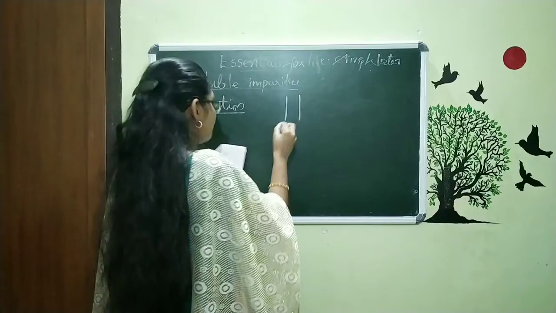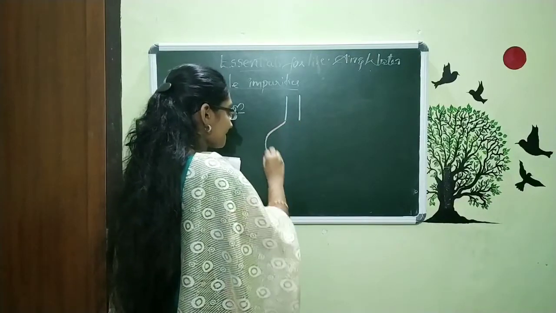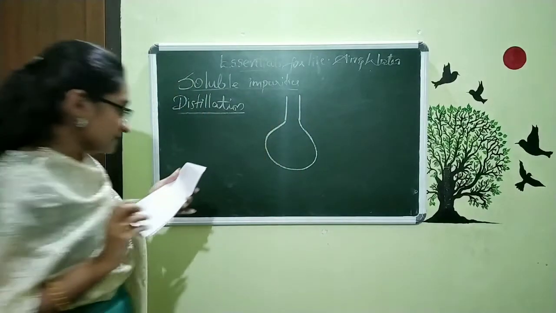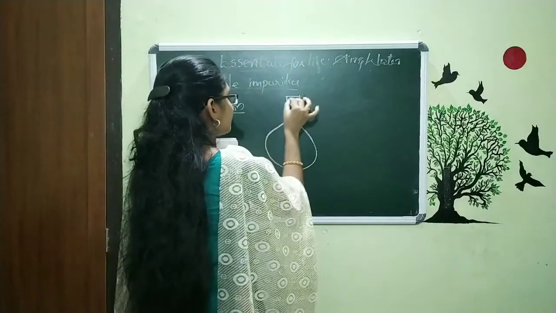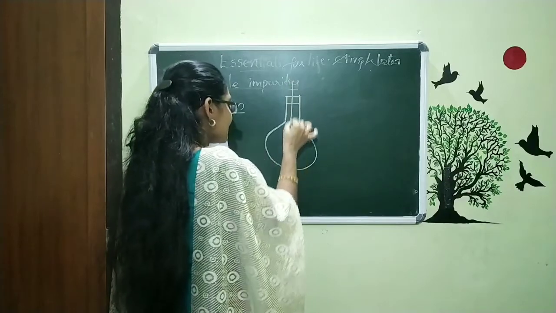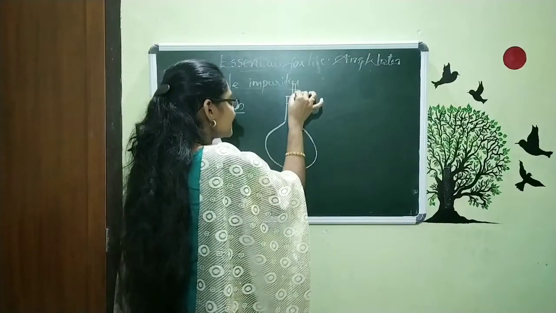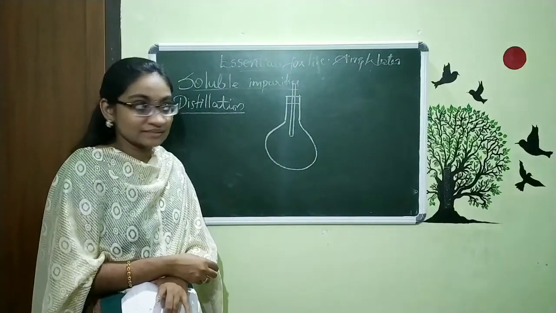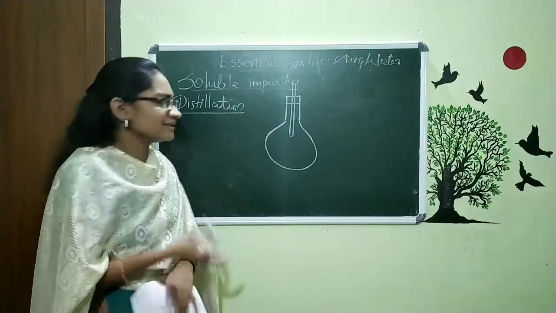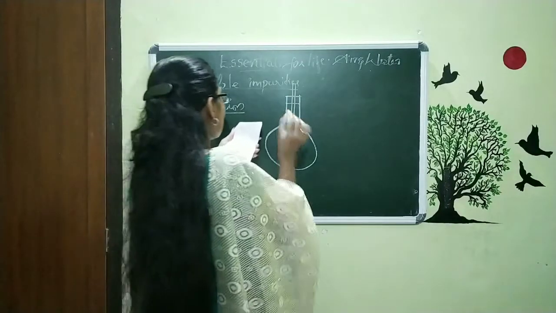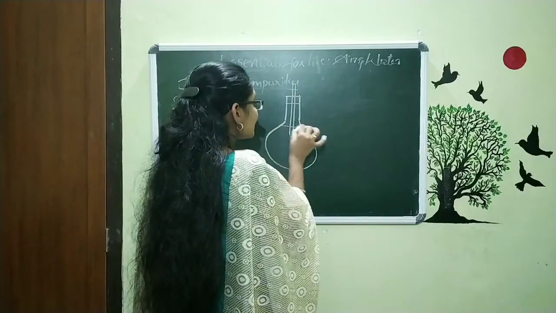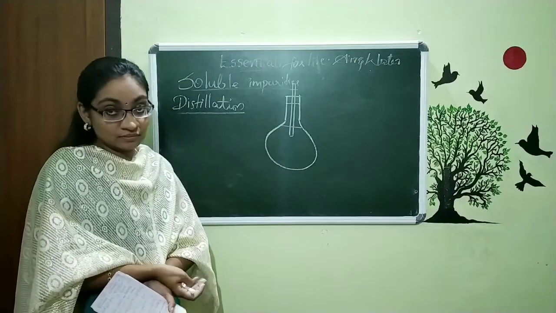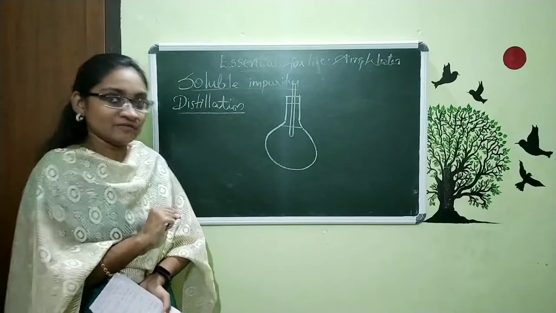In that diagram, you can see a round-shaped flask. Inside it you can see a glass rod dipped in, and this is actually not a glass rod, this is a thermometer that you see in laboratories. So inside this flask, we are taking the mixture of salt and water.